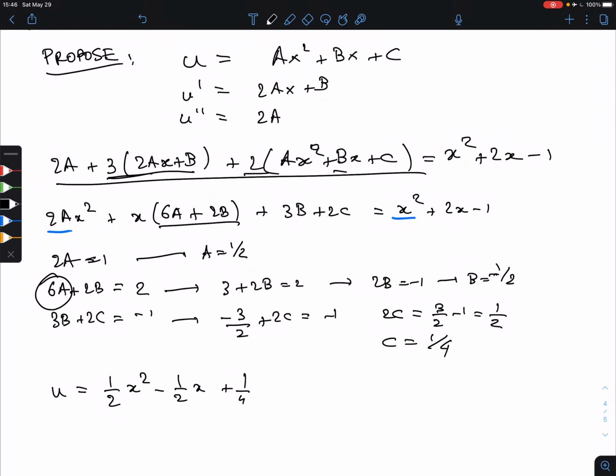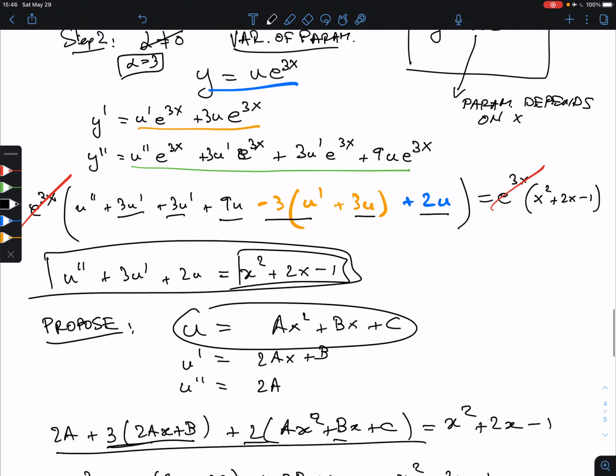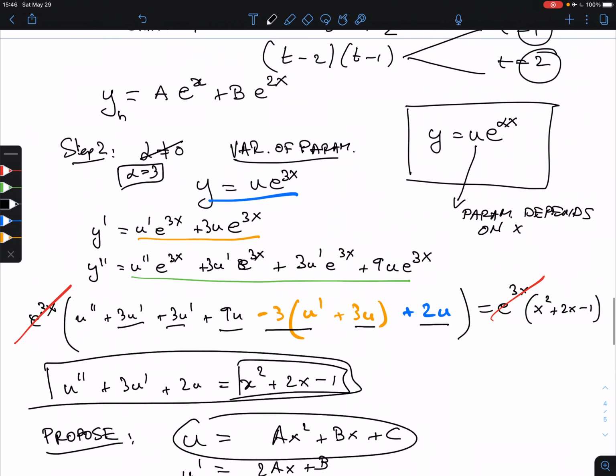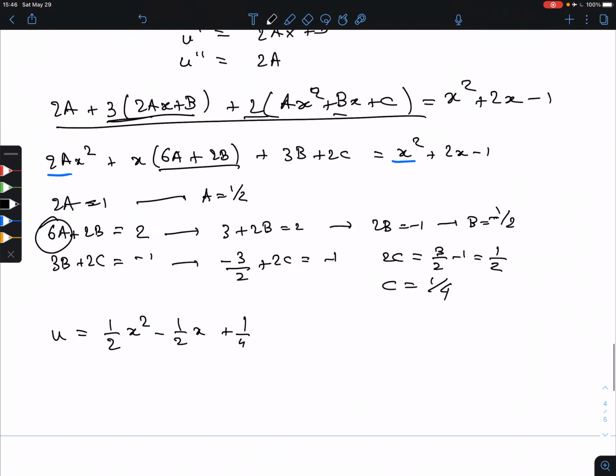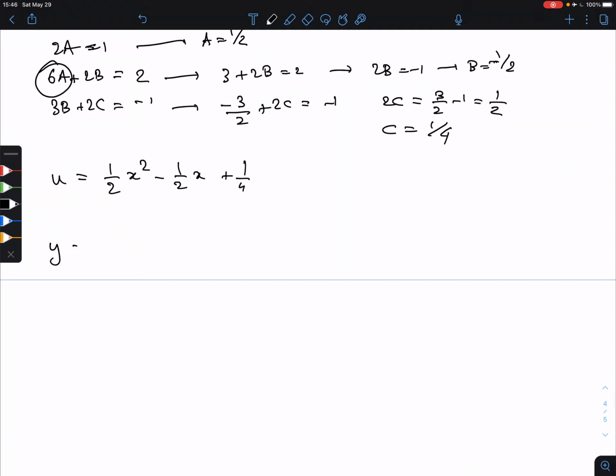Is that the solution? No, that's u. Okay, what is y then? Ah, well, we said what y is. We put y equal to this thing multiplied with e to the 3x. So the particular solution is y equals a half x squared minus a half x plus 1/4 times e to the 3x.